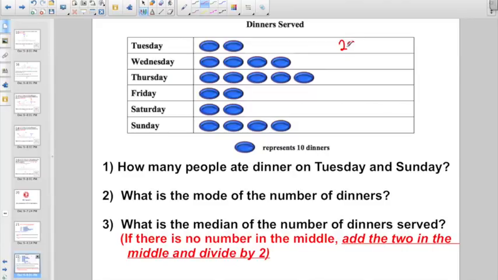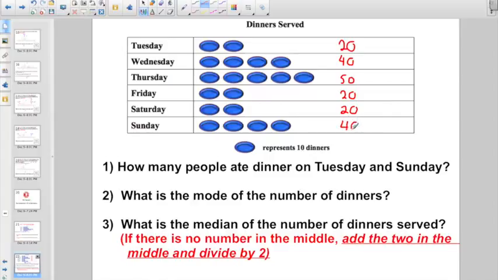So Tuesday we had 20, and on Wednesday, looks to me like there was 40 people having supper, and on Thursday there was 50 people having supper, and we had 20 people on Friday. We had another 20 people on Saturday, and we had 40 people eating supper on Sunday.